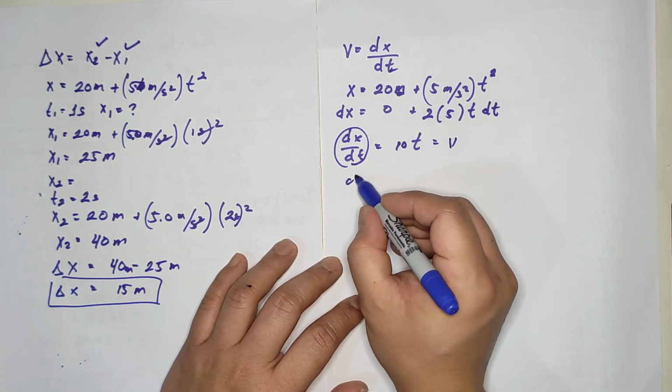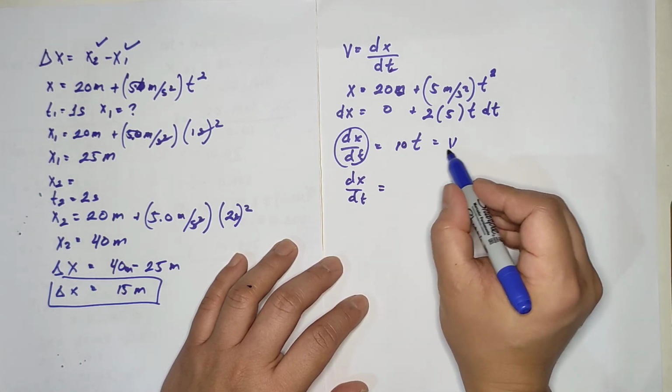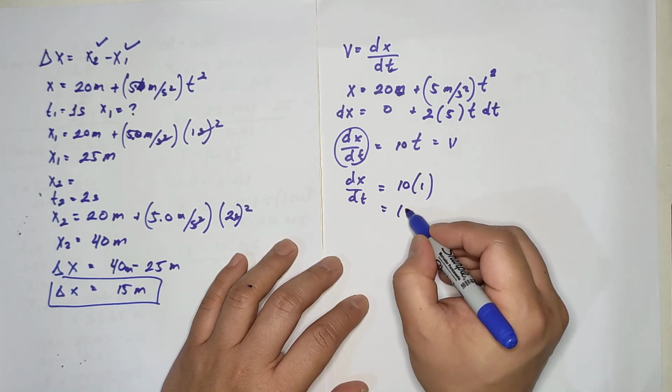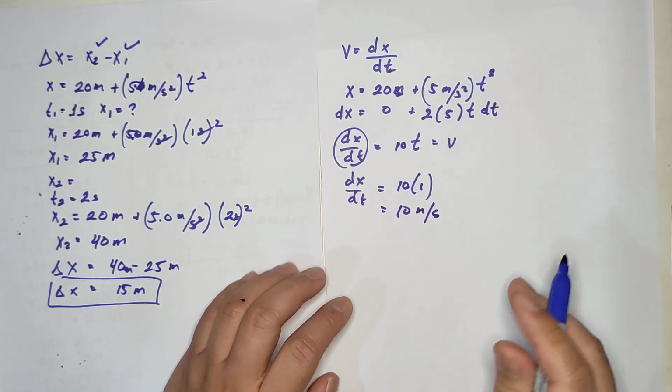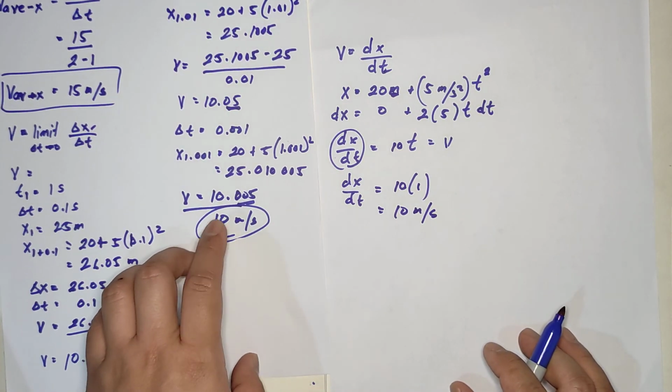So to get the instantaneous velocity at 1 second, you have 10 times 1. So you have 10 meters per second, which is actually the same as this one.